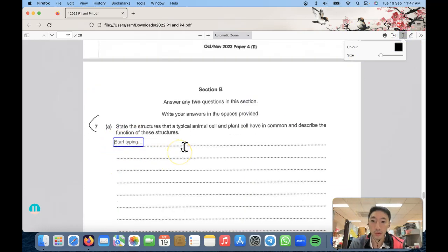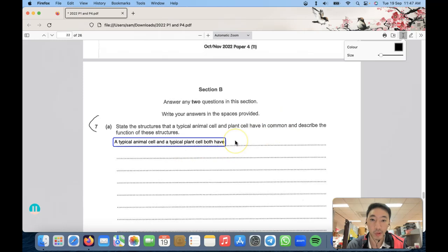Let's start by typing. A typical animal cell and a typical plant cell both have, because I'm talking about what's common, right?